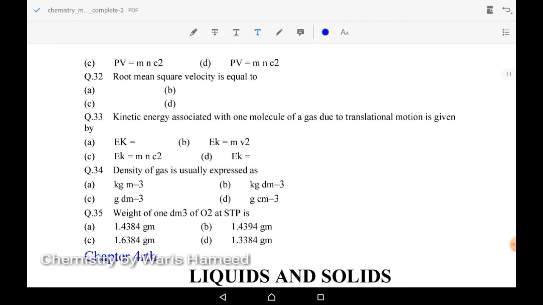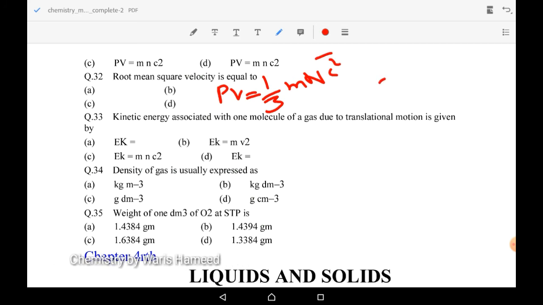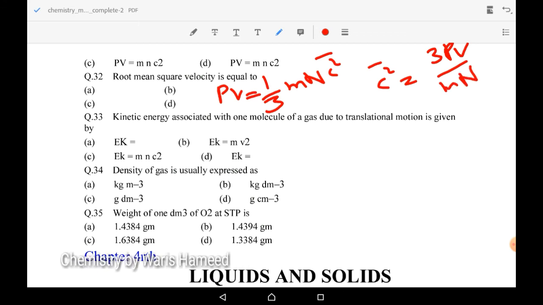Root mean square velocity is equal to... According to KMT, the kinetic molecular theory, the equation is PV is equal to 1/3 m n c square bar, and in this c square bar is equal to 3PV divided by mn.